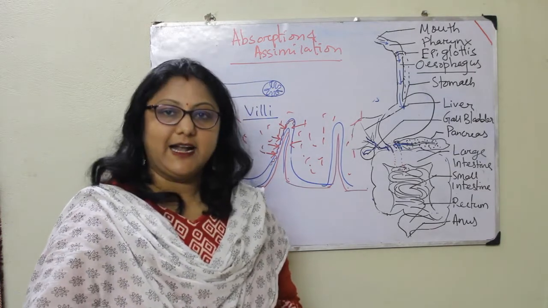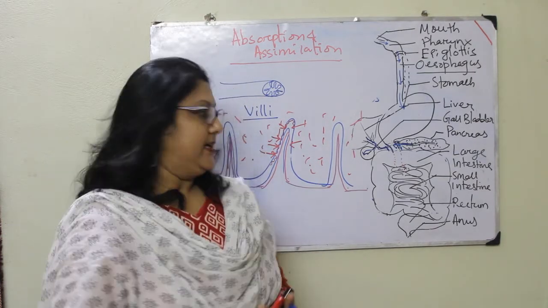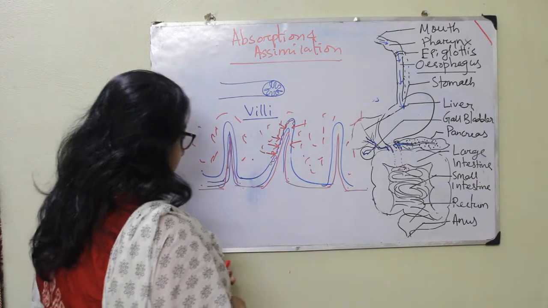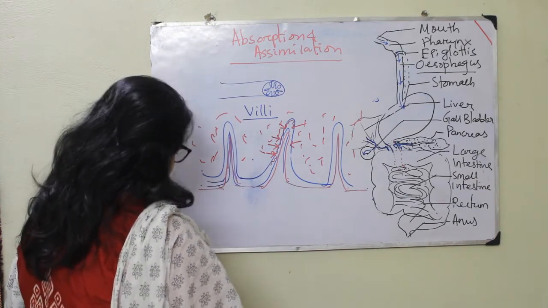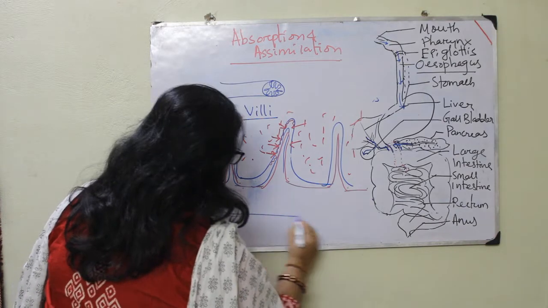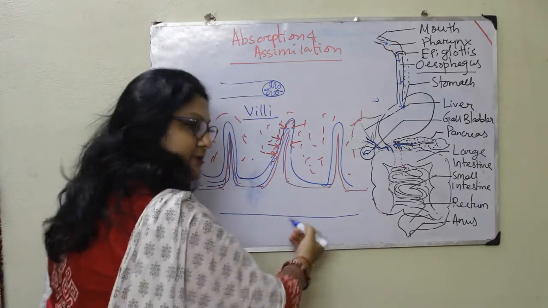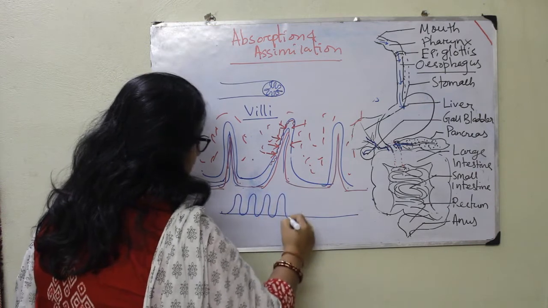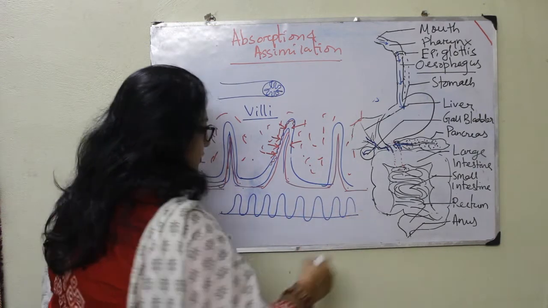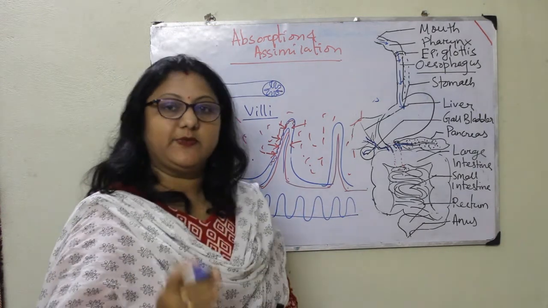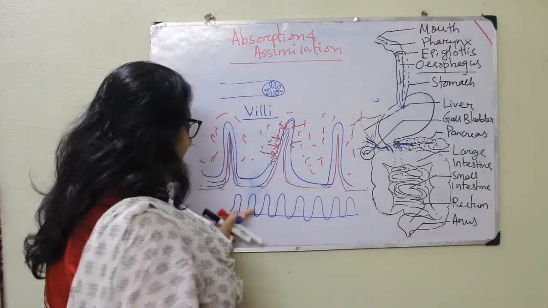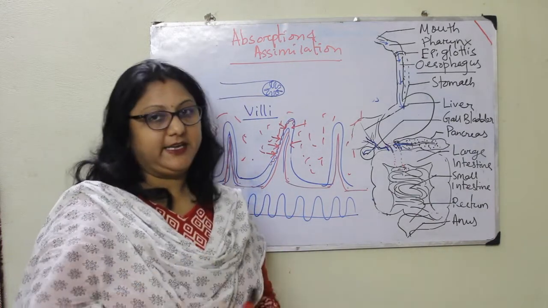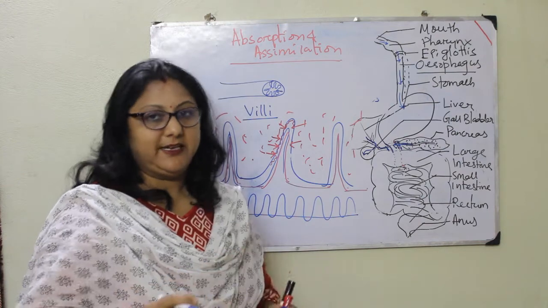Now what exactly is the role played by the villi? If I draw only one flat surface here, will it absorb more? Or if I draw the same place as folded structures, whose surface area is more? Definitely the curved surface area is more than the plain surface area.